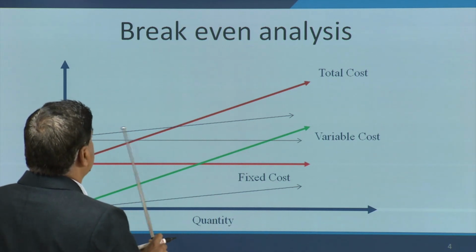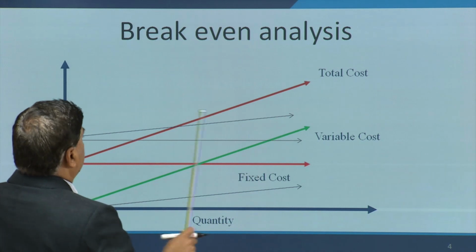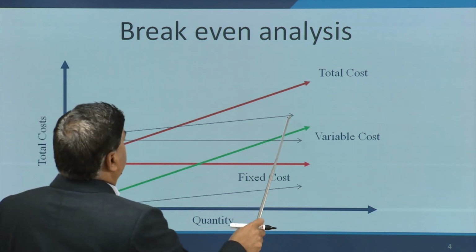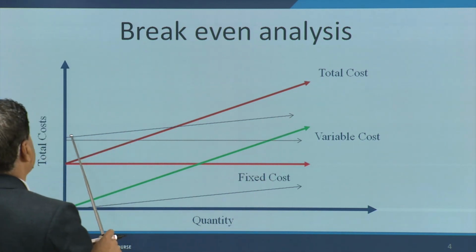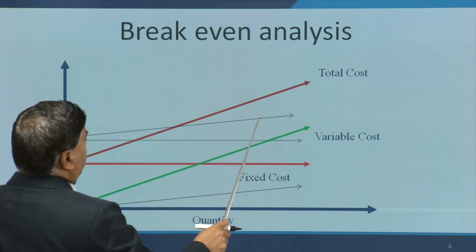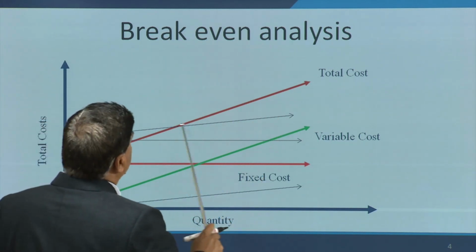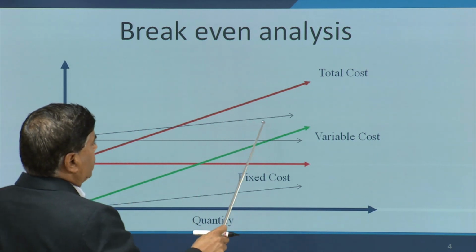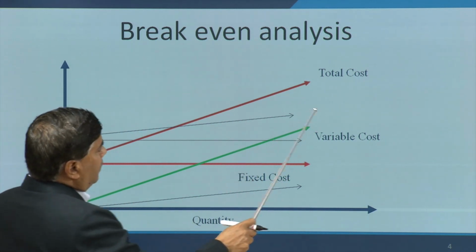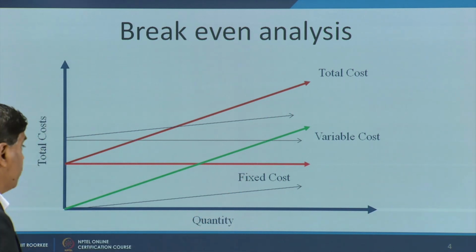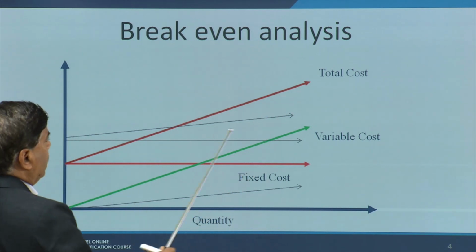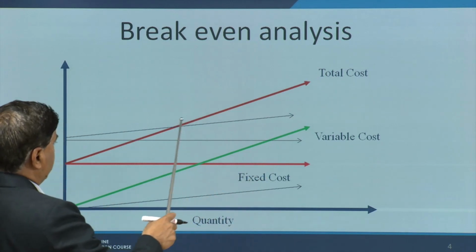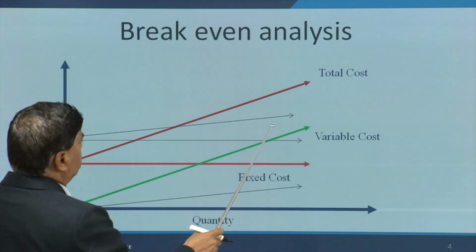So, if we see here, initially for the low volumes obviously the total cost is high, but it becomes cost effective on going to the higher volumes. So, the total cost for option 1 was this, and the total cost for option 2 is this.